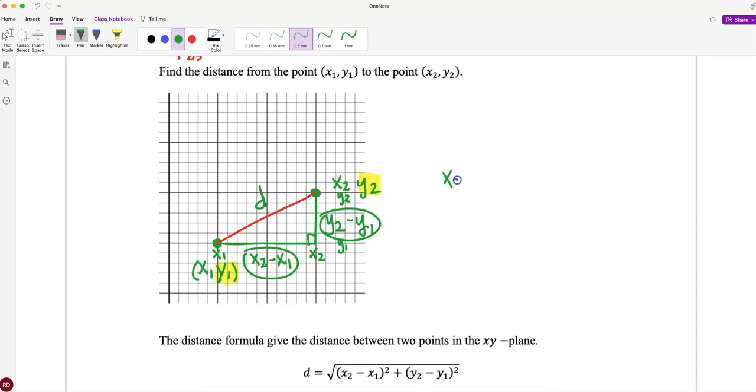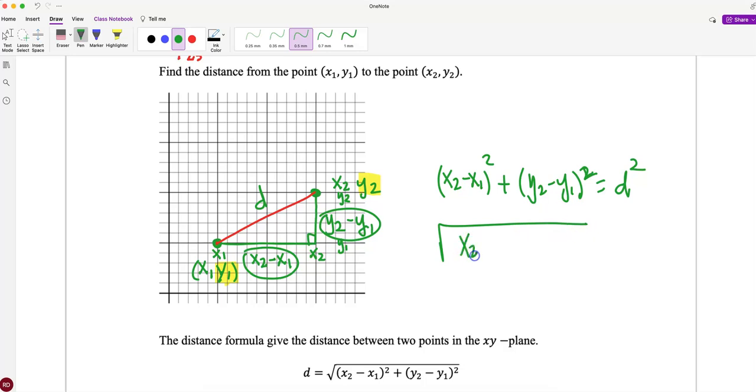Take the bottom side, x2 minus x1 squared, plus the other side, y2 minus y1 squared, and that's going to have to equal the distance squared. Then if you take the square root of both sides, you get the square root of (x2 minus x1) squared plus (y2 minus y1) squared equals the distance.